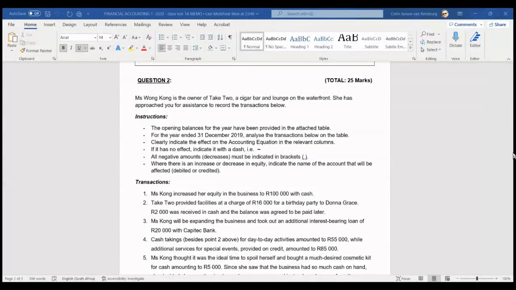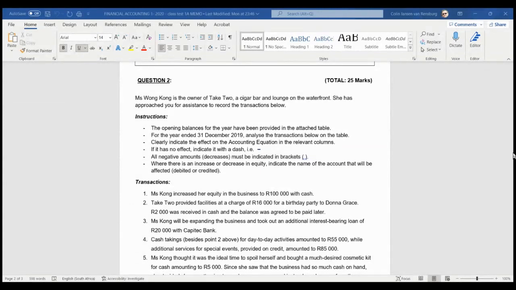Increase. There we go. Spot on. Brilliant. Thank you, students. More money is now in the business's bank account, so that bank account will increase. So we already know that in that column that we have for our bank account, there will have to be a positive.